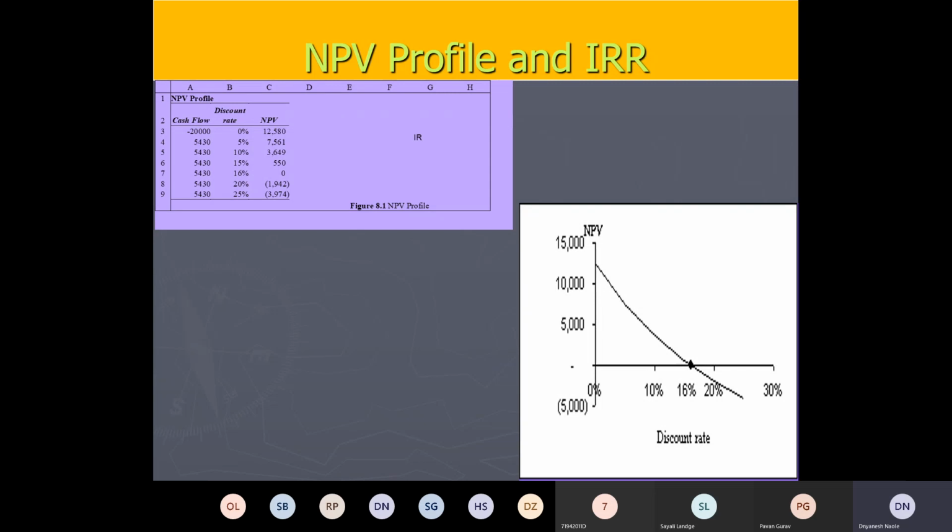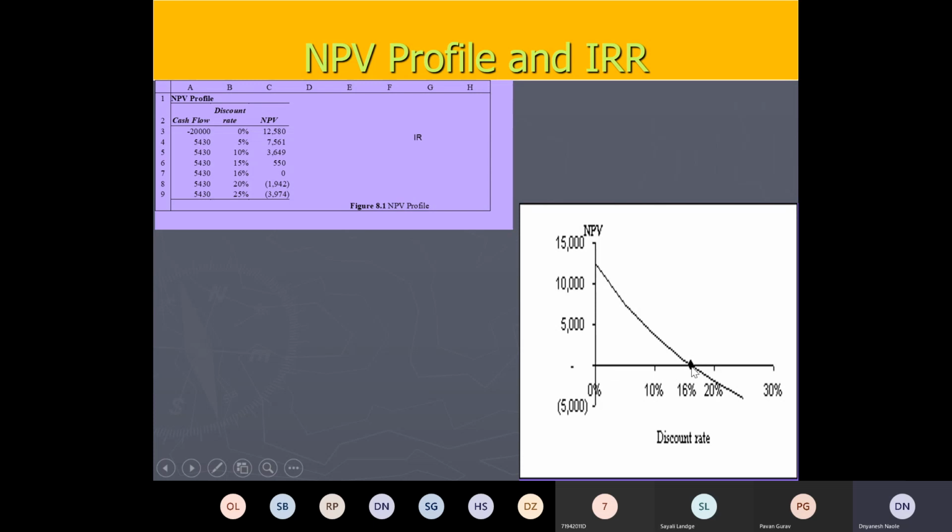Using the IRR method, the project will be accepted if the internal rate of return is higher than the opportunity cost of capital. Here the internal rate of return is 16. If you take any discount rate below this, that is acceptable.